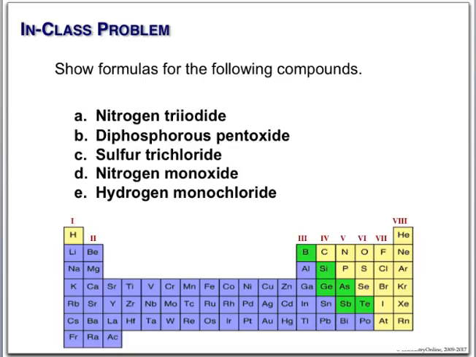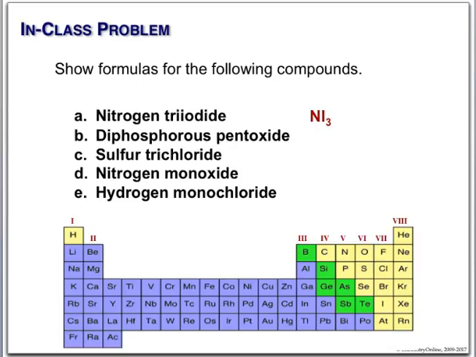Our first one, we have nitrogen triiodide. That's 1 nitrogen and 3 iodines, NI3. Nitrogen triiodide is a very, very sensitive contact explosive. We'll see a video of this in a little bit. Once you make the stuff, let it dry, you literally touch it. Just barely touch it, it explodes. Amazing.